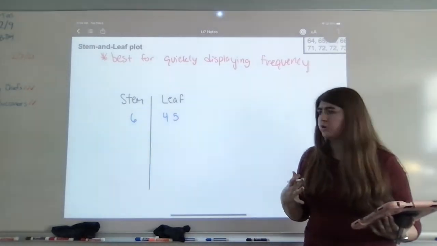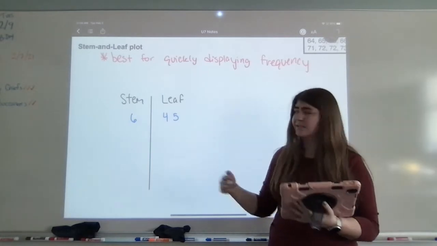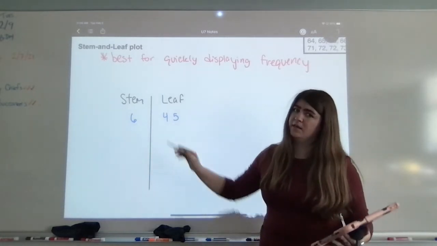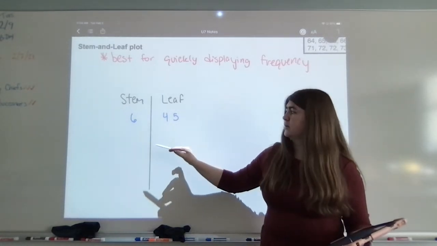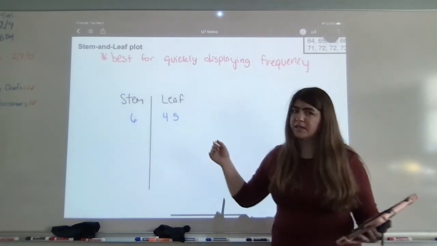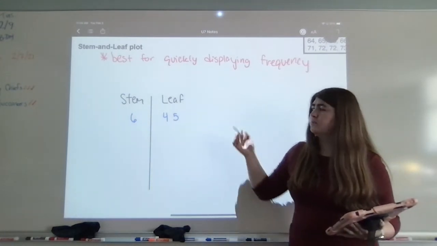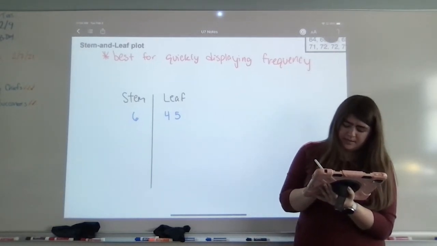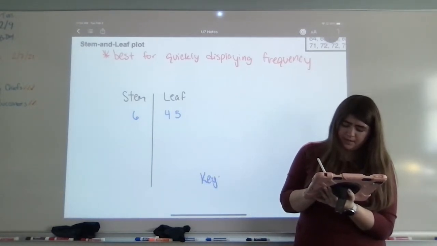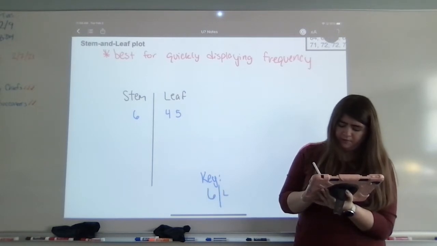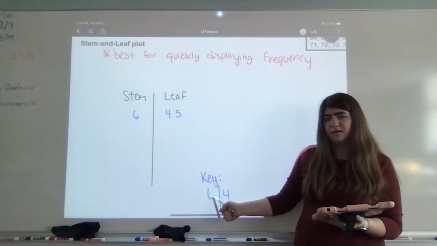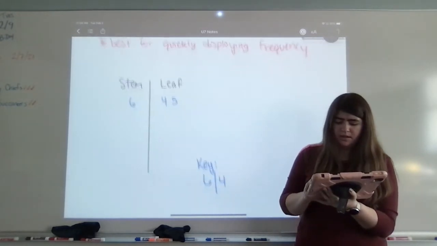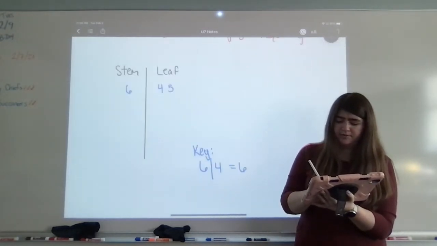In order to know that we are looking at 64 instead of something like 6.4 or 604, we know by creating a key. So on my stem and leaf plot, I'm going to put my key down below. My key says that 6 in my stem column and 4 in my leaf column, 6 and 4, is equal to 64.